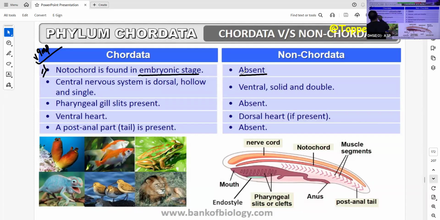This is very important. Then the CNS is dorsal, hollow, and single, whereas in non-chordates it is ventral, solid, and double. Dorsal, hollow, single; ventral, solid, and double.